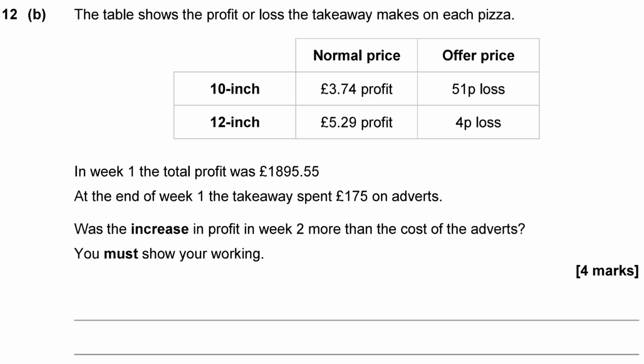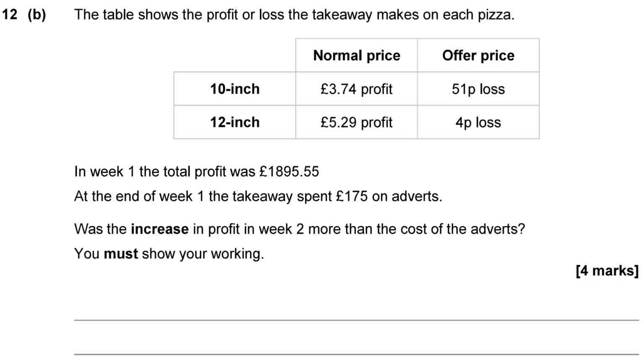So when they're selling them on offer, the company is actually making a loss on these pizzas. In week 1 the total profit was £1,895.55. At the end of week 1, the takeaway spent £175 on adverts. Was the increase in profit in week 2 more than the cost of the adverts? You must show your working.